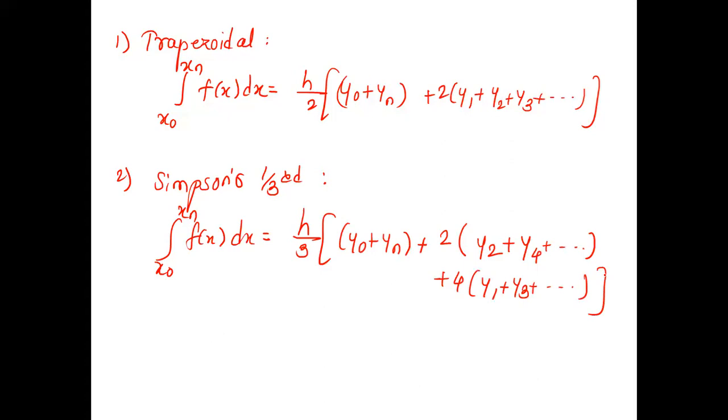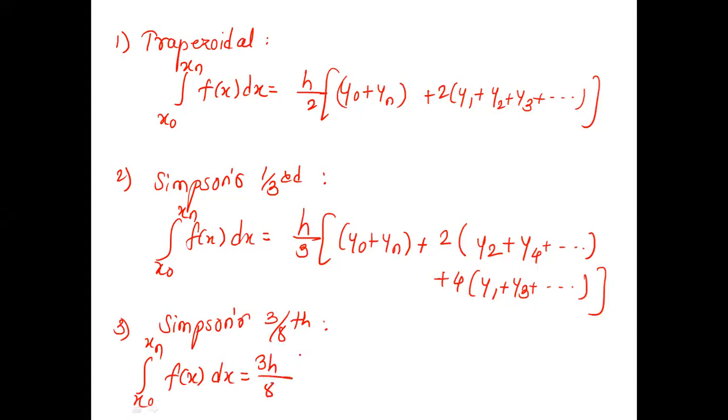Next, Simpson's 3/8 rule you will write here. So it is integration x naught to xn f of x dx is equal to 3h by 8 [y naught plus yn, first plus last, plus 3 times remaining all except the multiples of 3.